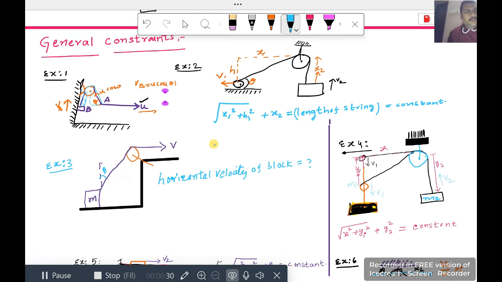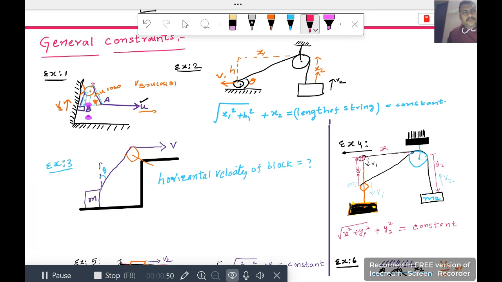Now this length goes from O to A. This length is y, this is x.